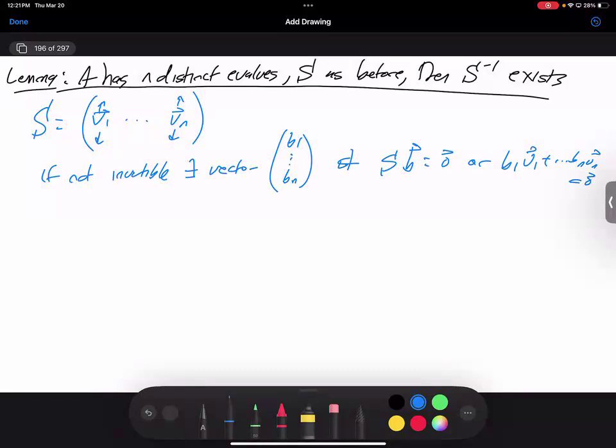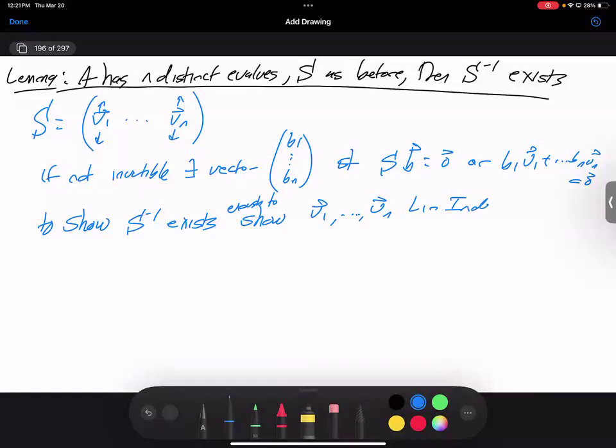I agree that if we can show the V's are linearly independent, then it's invertible, because the only way that could be 0 is if all the coefficients are 0. So to show S inverse exists, it's enough to show V1 through Vn are linearly independent.